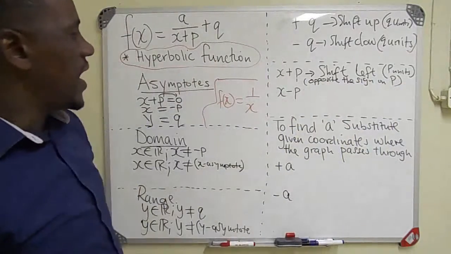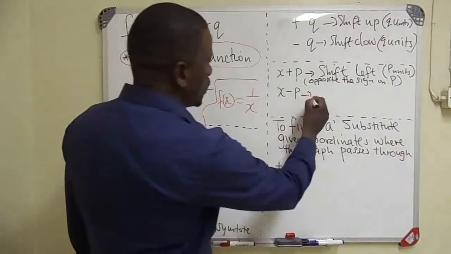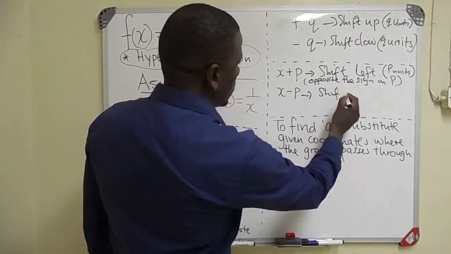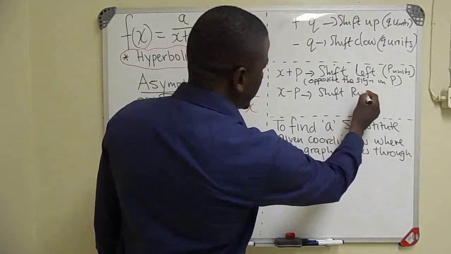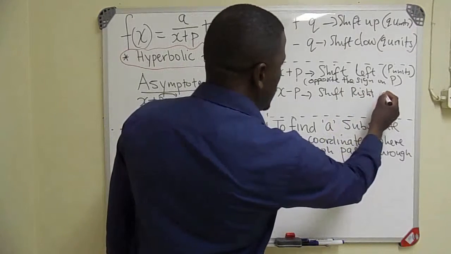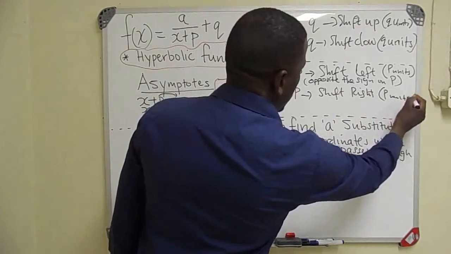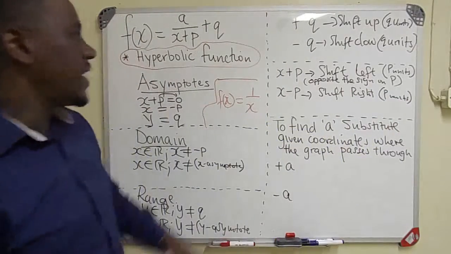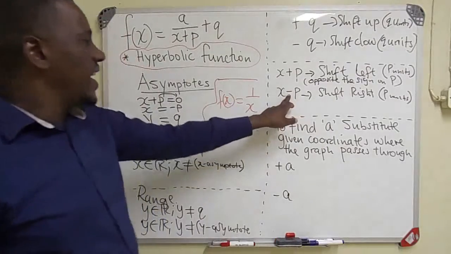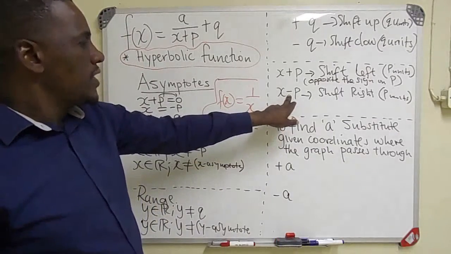So for this one here, x minus p, it's a shift right. By how many units? p units. So this sign here shows the direction of the shift.